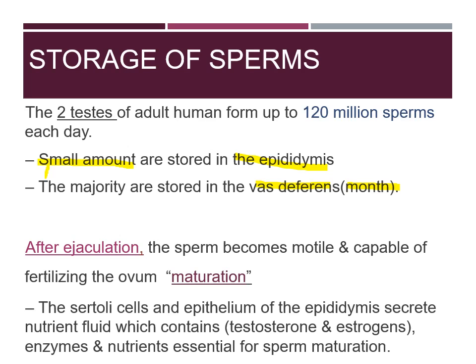Also, the sperms are provided with fluids full of nutrients secreted from Sertoli cells and the epithelium of the epididymis. And these secretions contain testosterone, estrogen, and a lot of enzymes and nutrients essential for the process of sperm maturation.